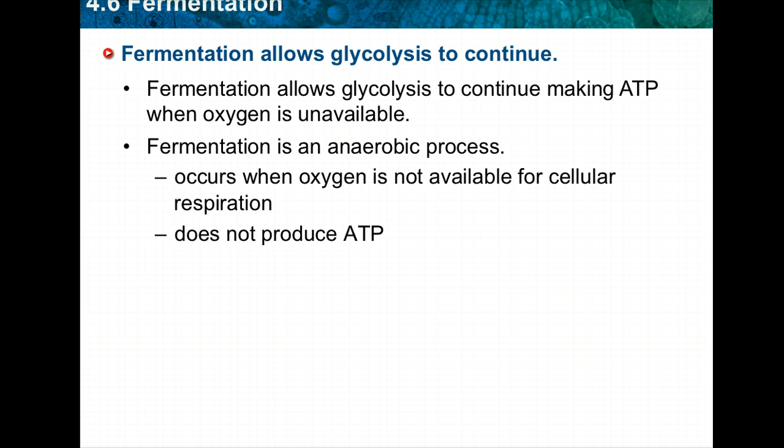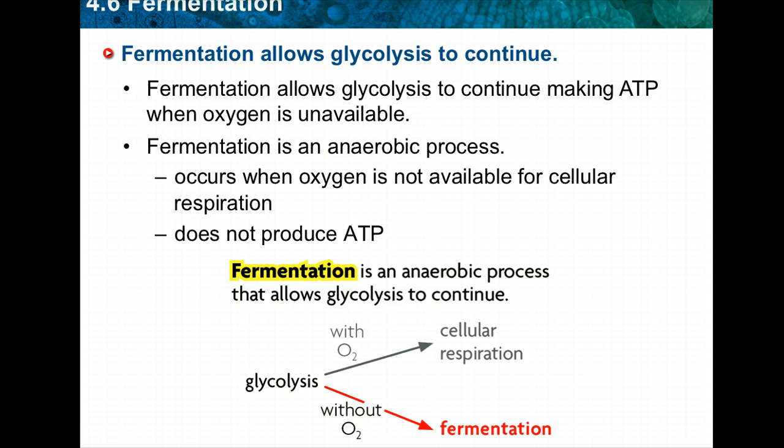We're going to talk about alcoholic fermentation first, and then lactic acid, which is a little bit out of order from what the book does. Here's just a picture of fermentation. Again, it's anaerobic, meaning it doesn't use oxygen, that allows glycolysis to go. And this is kind of what I showed you guys a couple sections ago.